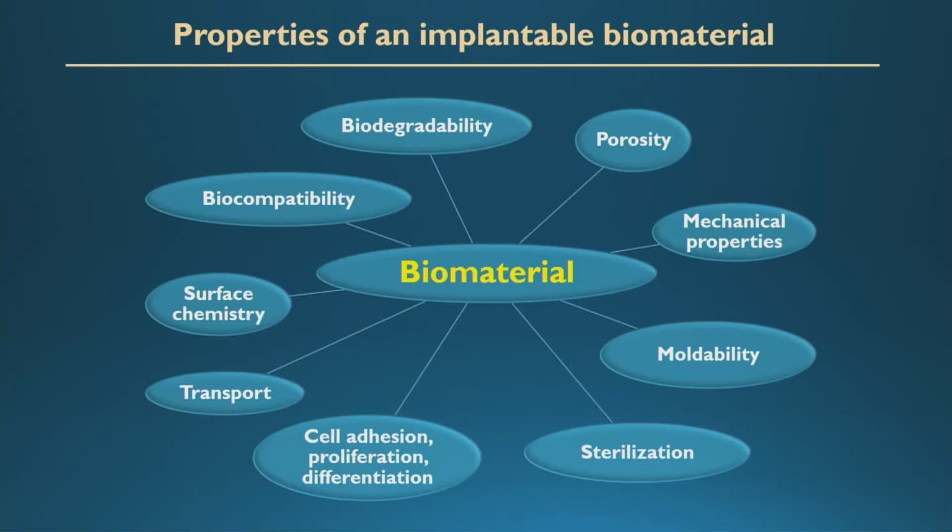Whether we use particles, gels, or fibers, there's a series of properties that biomaterials should have and should be considered in research if we're talking about clinical application. Ideally, these materials should degrade and eventually be replaced by the regenerated tissue.